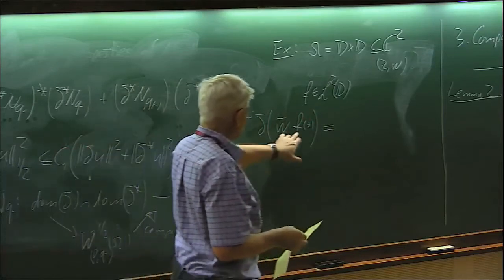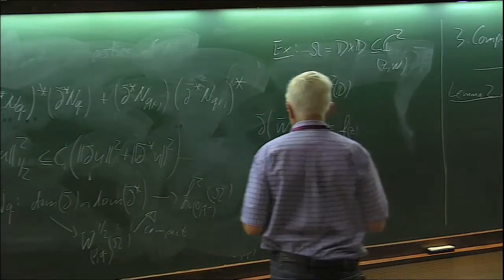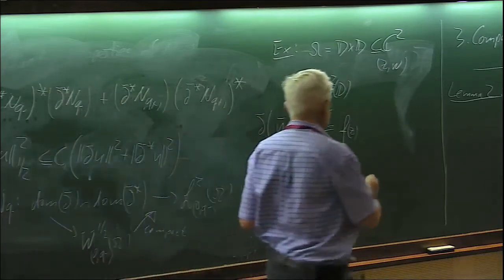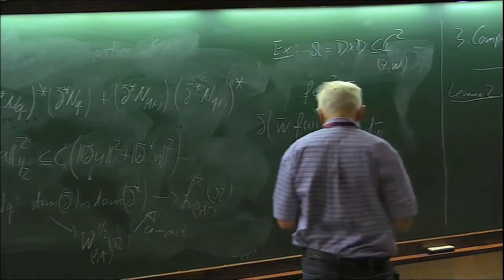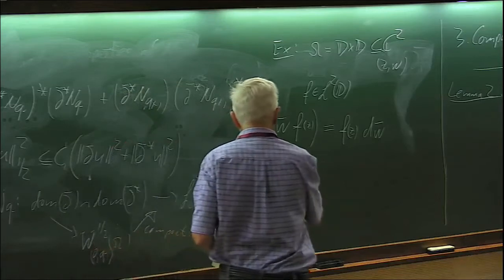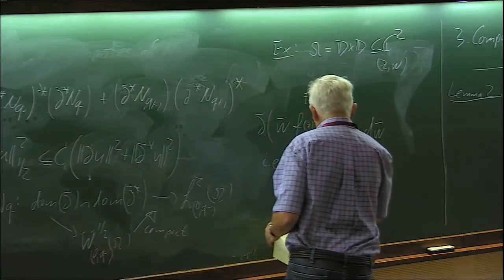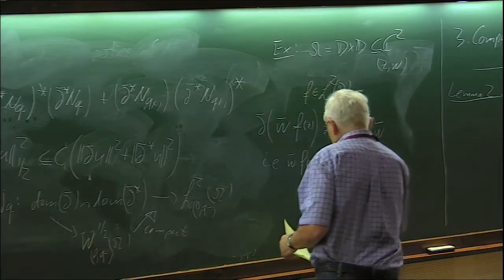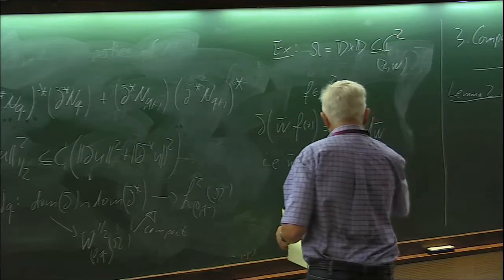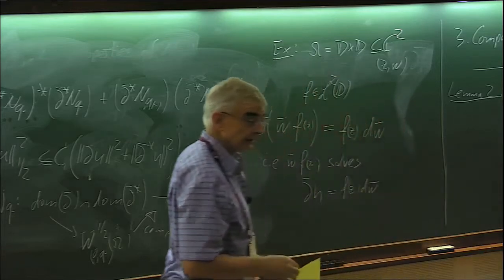Well, nothing when you hit the f, so it's just going to be f of z, and then the d bar of w bar is just going to be dw bar. Right? So w bar f of z solves d bar h equals this form, f of z dw bar.